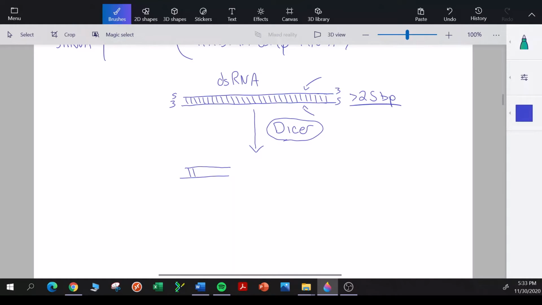Now these short interfering RNAs, depending on which dicer, some organisms have multiple dicers, but depending on which dicer chops it, will be between 21 and 24 nucleotides, or let's say base pairs long.